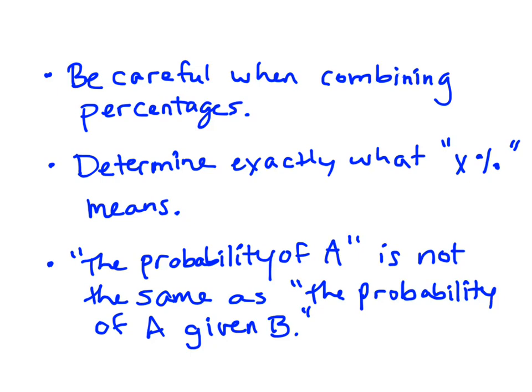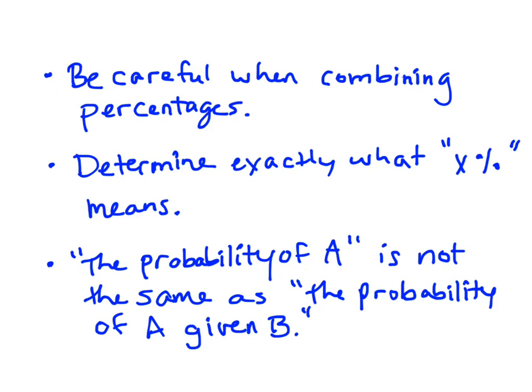Another thing to be aware of is what exactly a certain percentage means. When we say something has an 85% accuracy, what does that actually mean? Is that among people who took the polygraph? Is that among people who passed or failed, and so forth?